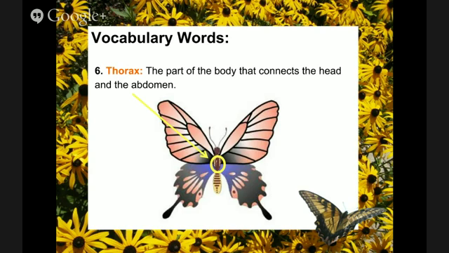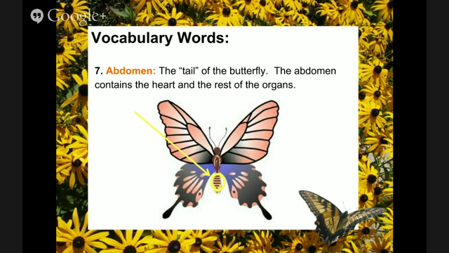The thorax is the part of the body that connects the head and the abdomen together, so it is literally in the middle of the butterfly. The abdomen. This is the tail of the butterfly. The abdomen contains the heart and the rest of the organs.